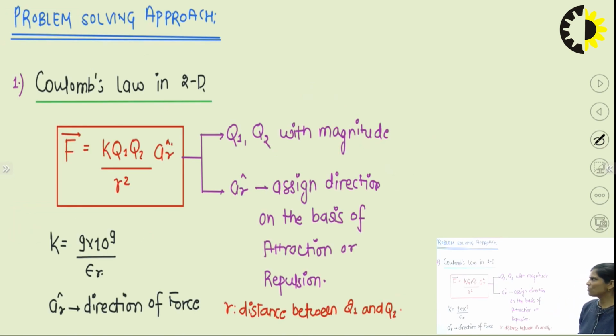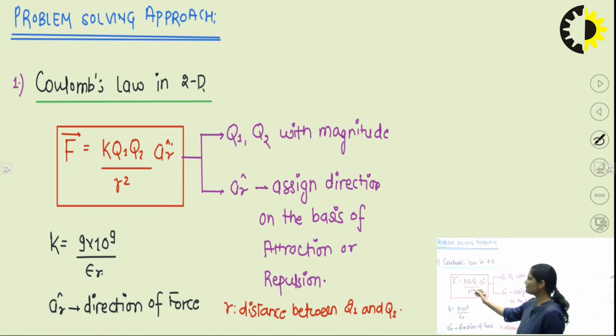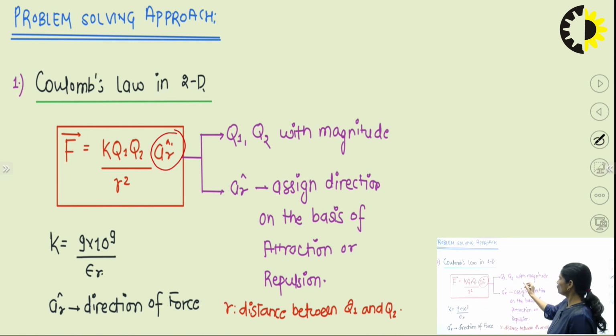Now the problem solving approach. Coulomb's law in 2D: if you have a question in 2D, the formula is force is equal to K Q1 Q2 times the unit vector of R upon R square. Take Q1 Q2 in magnitude, and the unit vector assigns direction on the basis of attraction or repulsion.